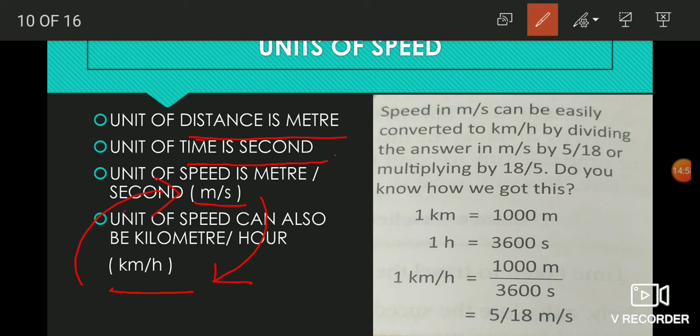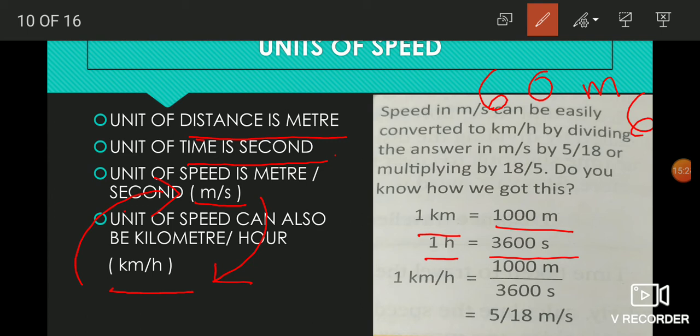How it is done? See the second picture on your right. Here 1 kilometer is equal to 1000 meters. We all know this. Similarly, 1 hour is equal to 3600 seconds. How did we get this? 1 hour is equal to 60 minutes and 1 minute is equal to 60 seconds.